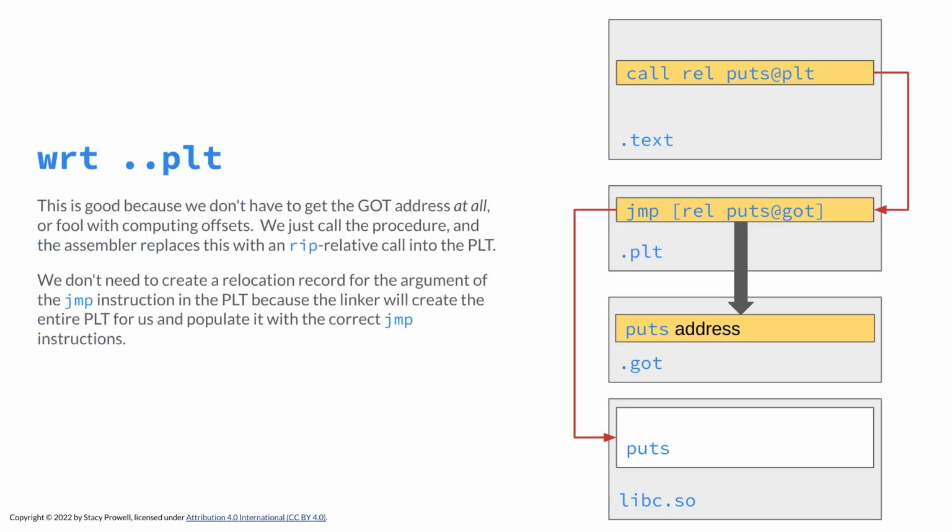This is good because now we don't have to get the GOT address at all. We don't have to fool with computing offsets. We just call the procedure and the assembler replaces this with the RIP relative call to the PLT and creates the appropriate relocation. The linker then fixes that up and we're good.